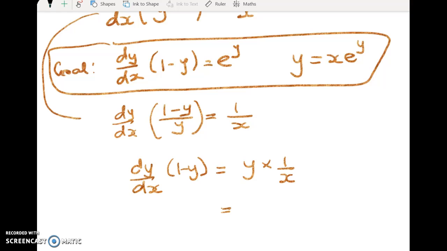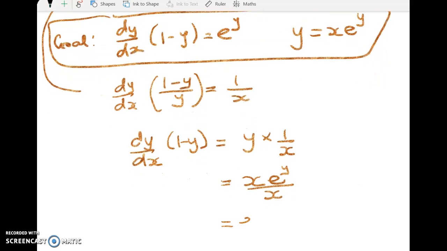But y is equal to x e to the y, so y over x equals e to the y. So we're done. So I quite like that method, even though I just thought of that while I was doing the video. Right, so as required.